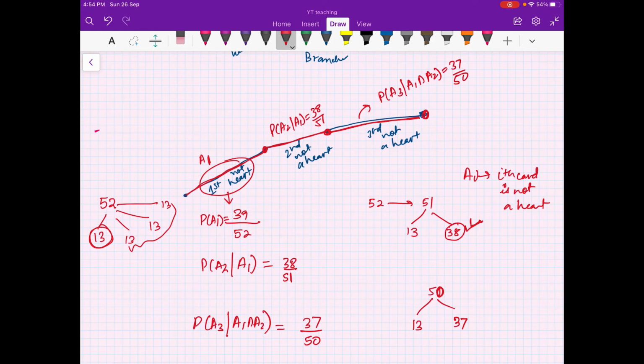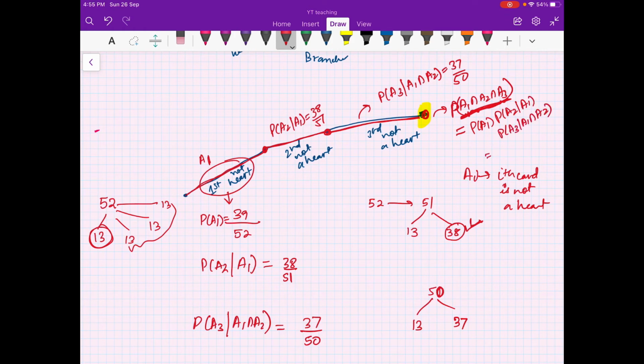Now this event is the probability of A1 intersection A2 intersection A3, because we want that all the cards are not heart. So this is the event we are interested in, because we want the first card to not be a heart, the second card not a heart, and the third card also should not be a heart. So we are interested in the intersection event. By the multiplication rule, this is equal to probability of A1, times probability of A2 given A1, times probability of A3 given A1 intersection A2.